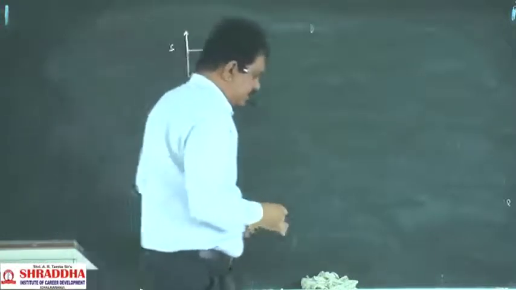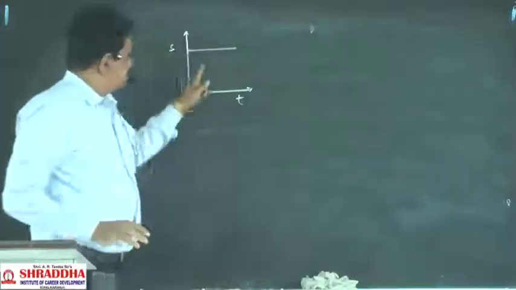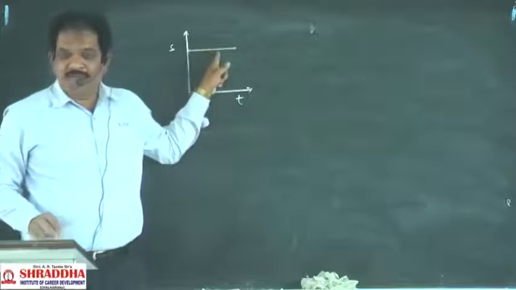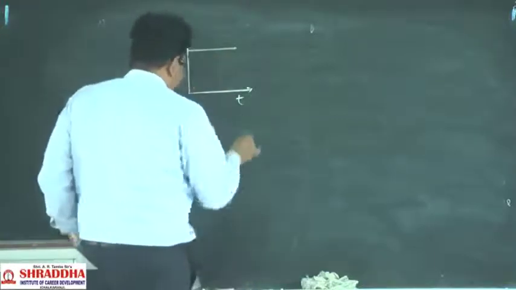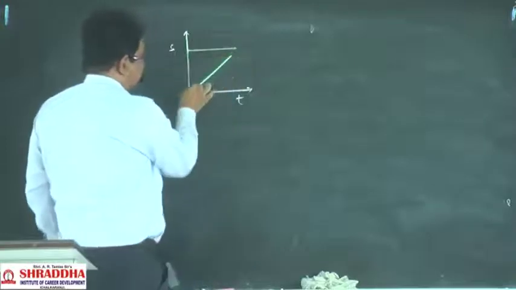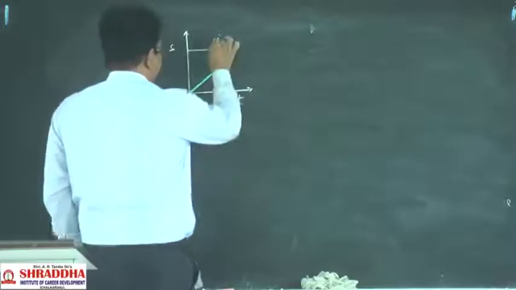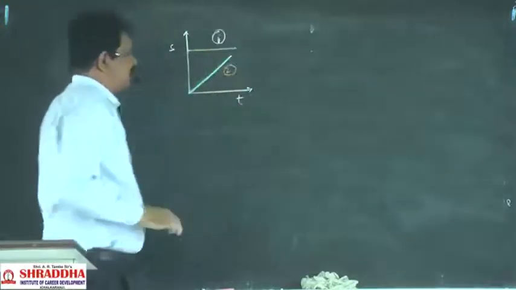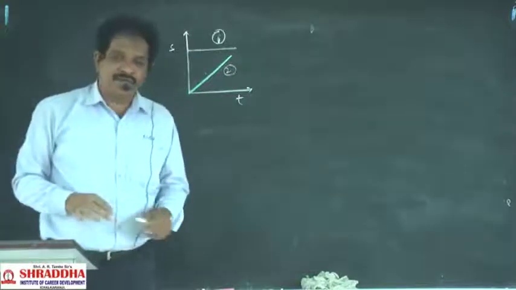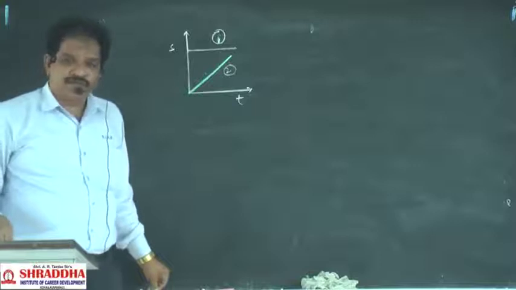Body is at rest. If the shape of the graph is like this, what is it representing? Body is moving with uniform velocity.